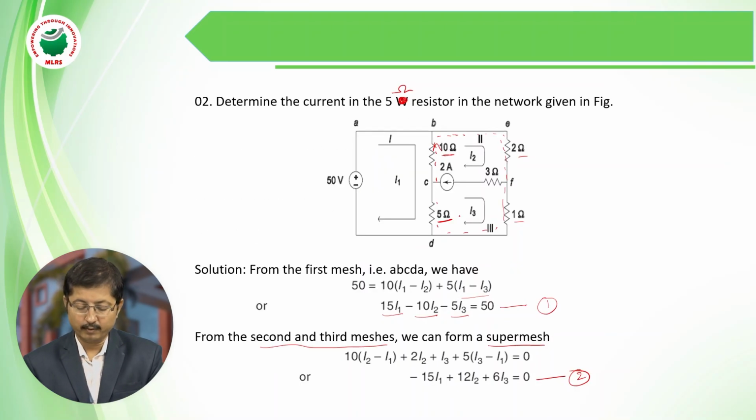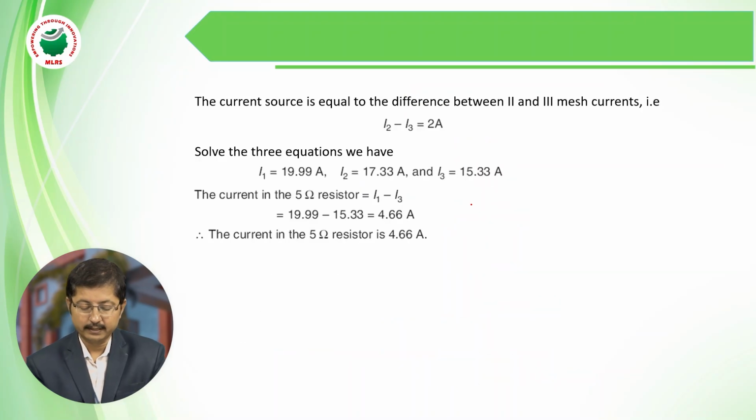After applying the super mesh, we again have to write an equation relating these two loops, because they are separated by a common current source. That is I2 minus I3 equals 2 amperes.